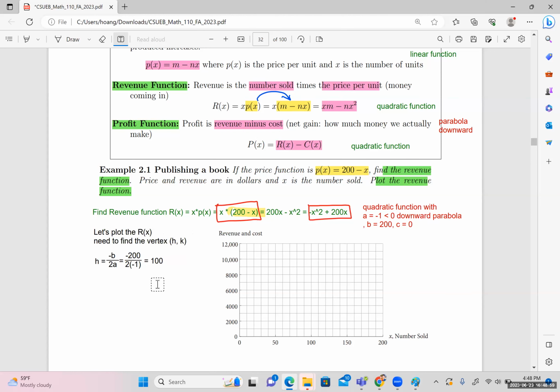So we have h is 100. That means the value of x for the vertex is 100.